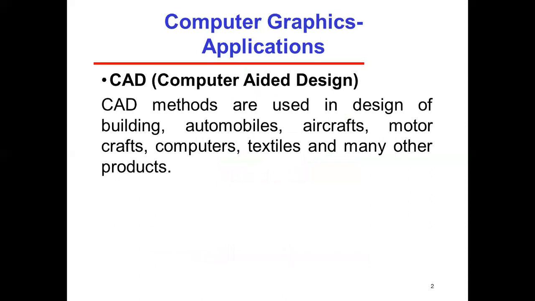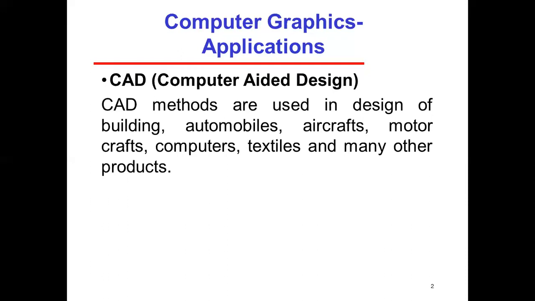Another use of computer graphics, in continuation of the earlier one, is in CAD, that is called computer-aided design. It is one of the best software. By using this software, we can design buildings, automobiles, aircraft, motorcraft, computers, textiles, and many other products.